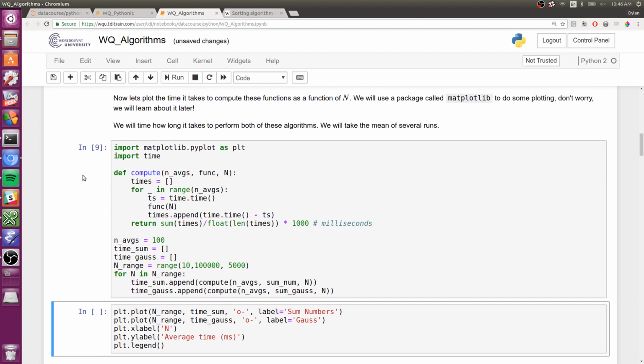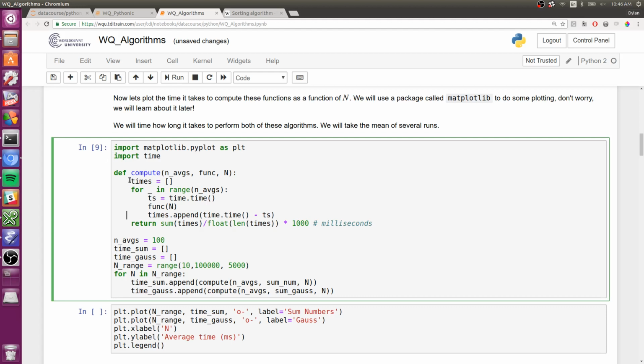So now we're running this cell where we have a compute function that, let's see here, we're going to perform the sum many times, n averages times.